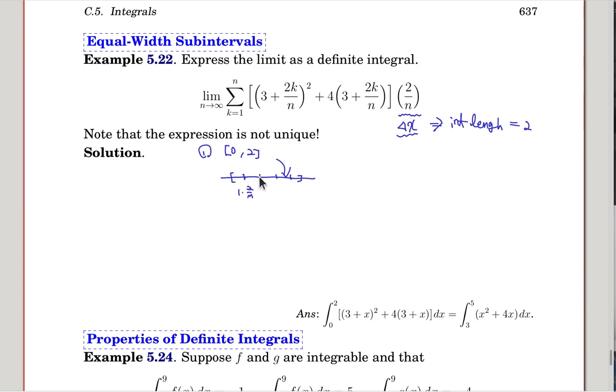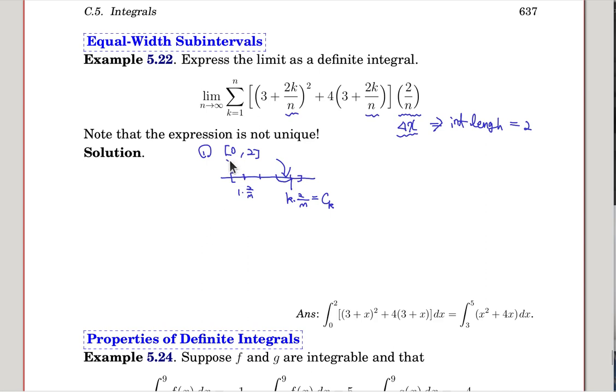And now that is twice of that, 3 times of that. And in general, in the interval, that point must be k times 2 over n. So that is ck. Right? We can choose right endpoints. That is ck. So here, okay, 2k over n is ck.